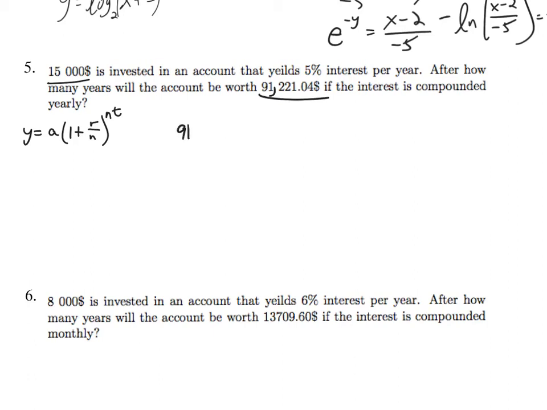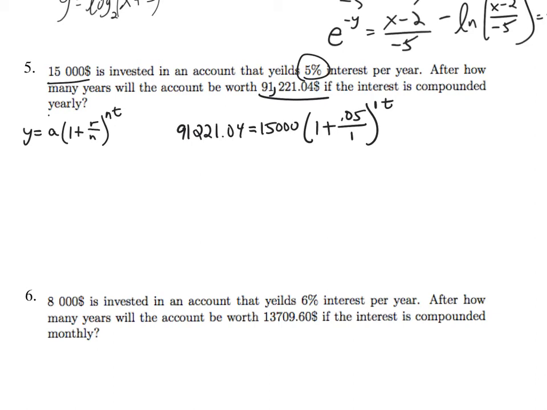So actually going to plug in the 91,221.04 in for y. 15,000 is the starting amount. 1 plus, they say the rate was 5%, and it was compounded yearly, so that is over 1. Raise the power of 1 times time. So really what we're looking for is how much time.